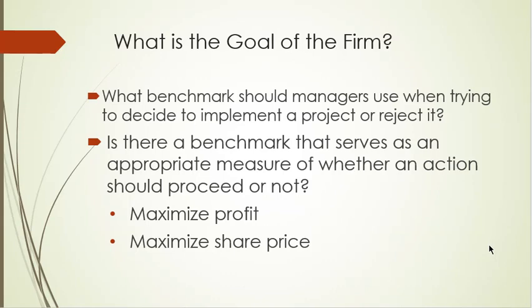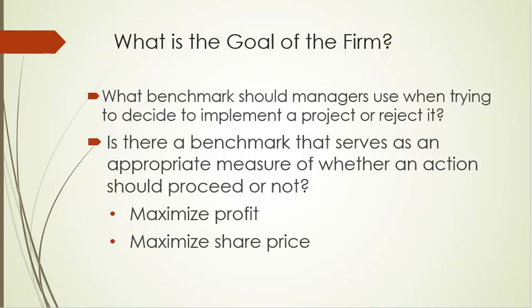So one of the questions we have as we think about decision making is, what is the goal of the firm? There are two primary benchmarks, if you will, and quite frankly, I prefer the word benchmark to goal, right? But there is a benchmark that we typically use to make decisions about the company.